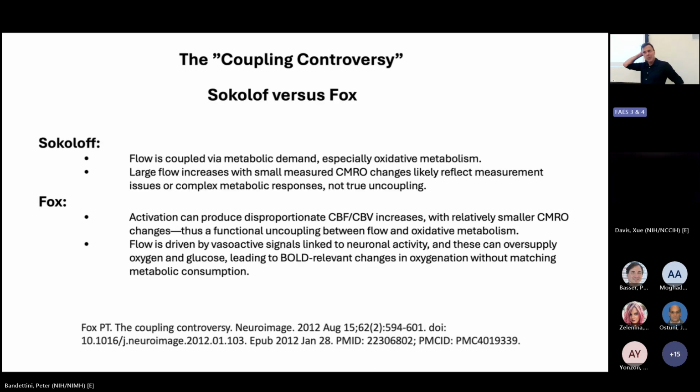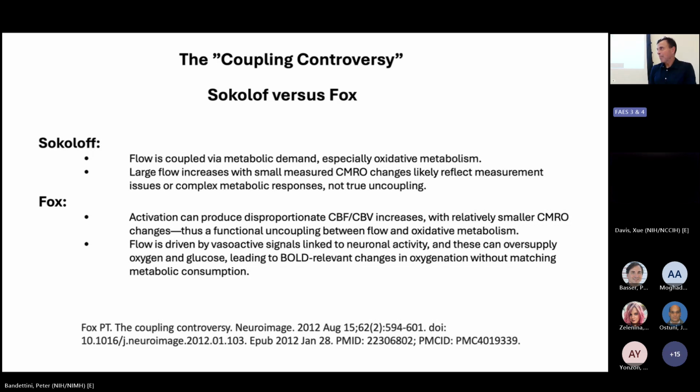So there was a coupling controversy, even after the results were produced and even after the papers were published. There's a fun paper to read by Peter Fox back in 2012 in NeuroImage, a special issue on 20 years of fMRI. And Sokolov was a person here at the NIH.